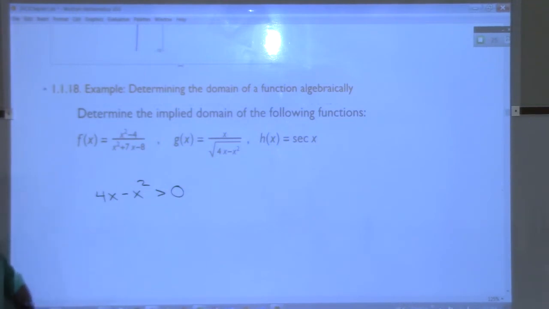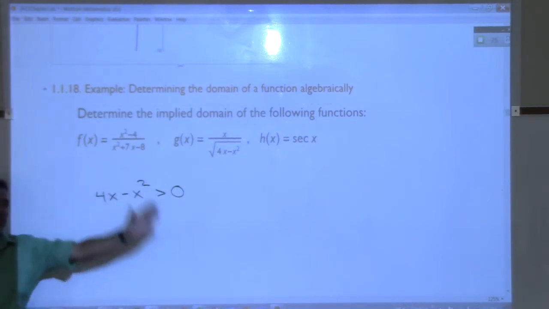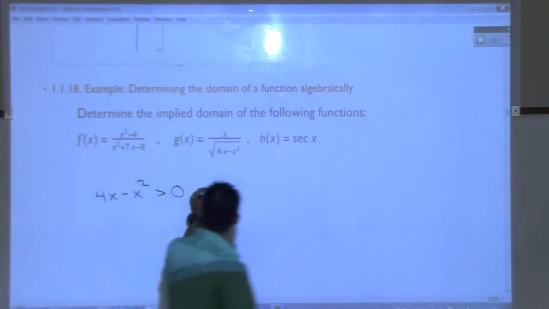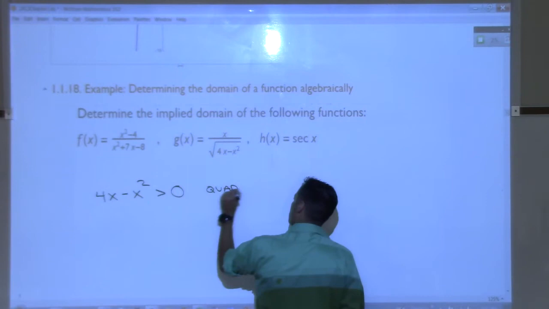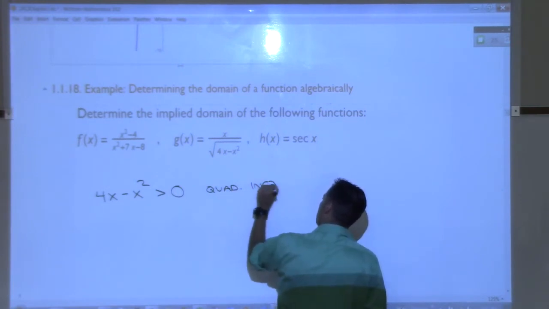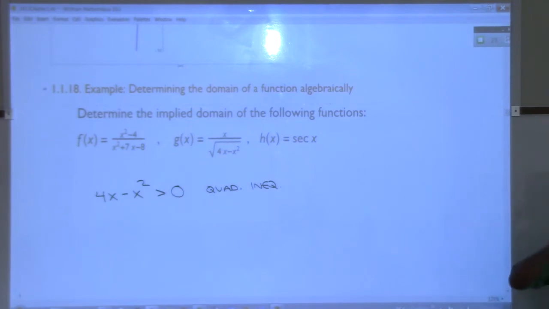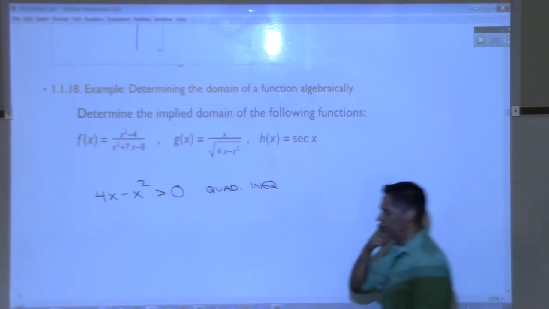The method that we use to solve this is completely different than the method we use to solve a quadratic equation. And you need to know that. We need to recall that, hash that back up. So does anyone recall the method for solving a quadratic? I'm just going to put quadratic ineq, quadratic inequality. Anyone know the method for this?